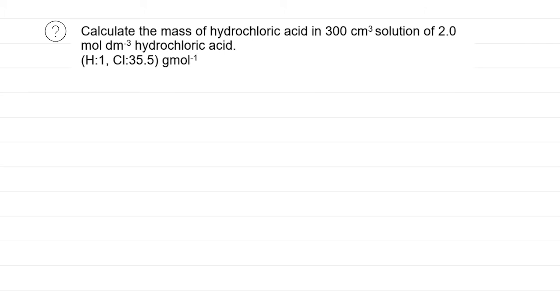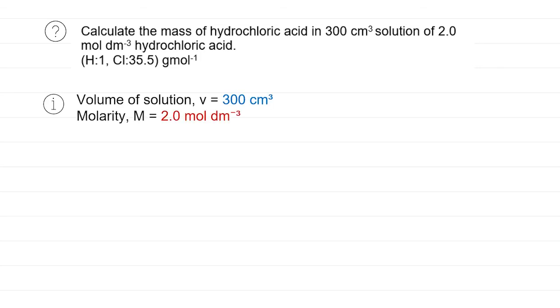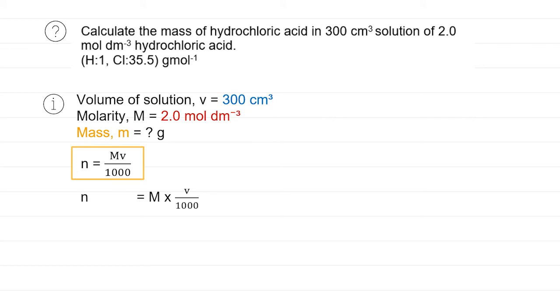Here we are going to look at a question. Calculate the mass of hydrochloric acid in 300 centimeter cubic of a 2 mole per decimeter cubic hydrochloric acid solution, and the molar mass is given. We know the volume of solution is 300 centimeter cubic and the molarity is 2, so what is the mass? To calculate this, we can use the formula MV over 1000.